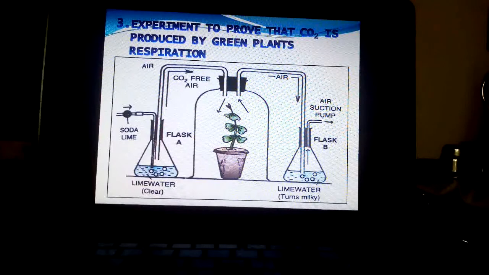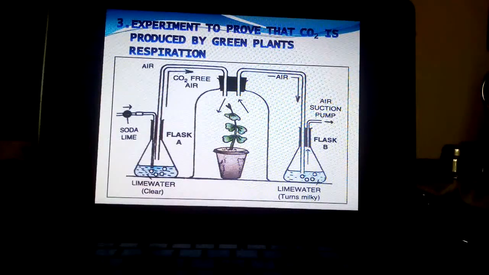And they'll also ask you, what is the difference between the lime water in flask A and lime water in flask D? Got it? These are the changes you have to write. So these questions generally appear as diagram based questions. Is that clear? Now we are moving to the next experiment.